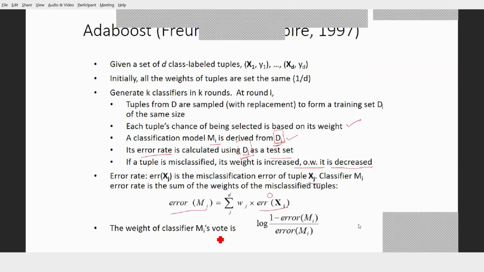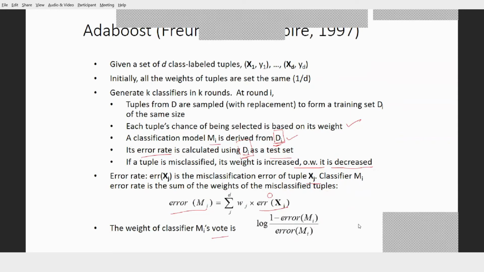The weight of classifier Mi is log of (1 minus error of Mi) divided by error of Mi. This is how you calculate the error and update the weight of every instance.